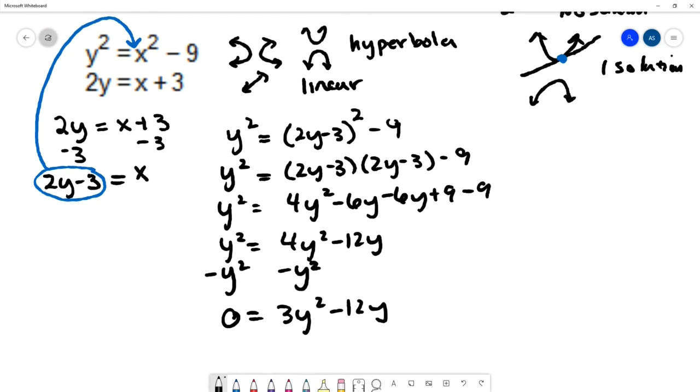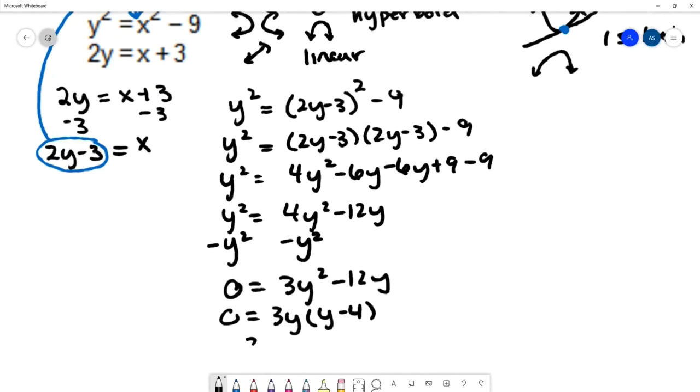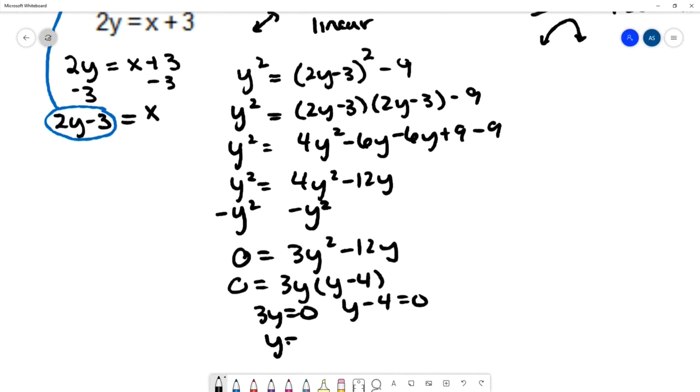I can factor out the greatest common factor. That's 3y. If I factor out a 3y, I'm left with y minus 4. I'll set each of these factors equal to 0. 3y equals 0 and y minus 4 equals 0. That gives y equals 0 and y equals 4.